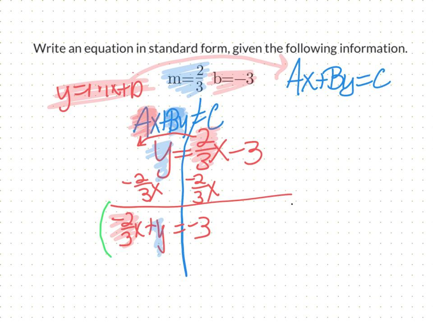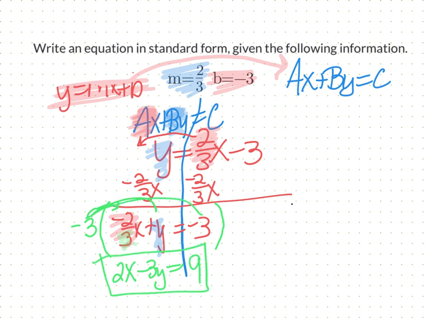So what we're going to do is multiply by the denominator, because we want to get rid of the fraction. And if it's negative, we're also going to need to multiply by a negative. So now I'm going to distribute that. Negative 3 times negative 2/3 is 2x. Negative 3 times y is negative 3y. And negative 3 times negative 3 is a positive 9. And that is standard form.